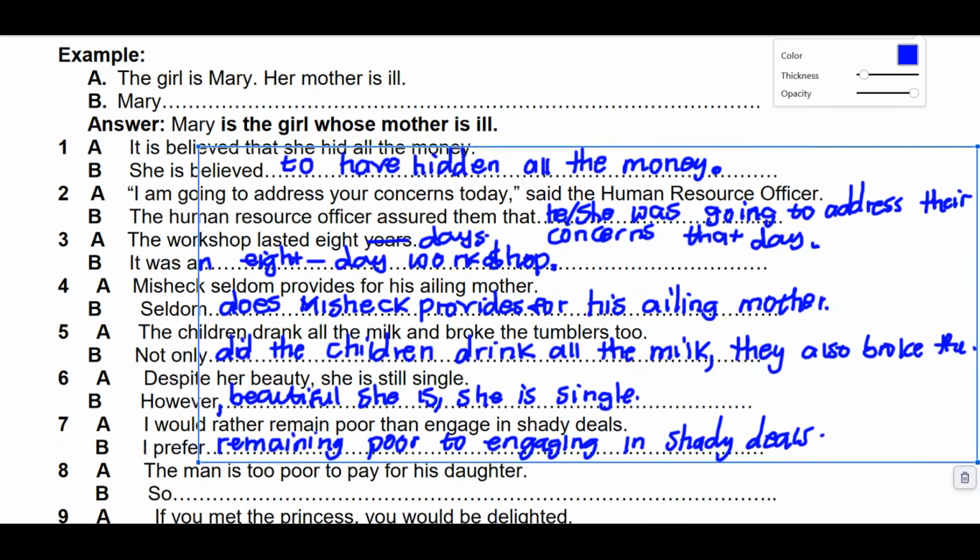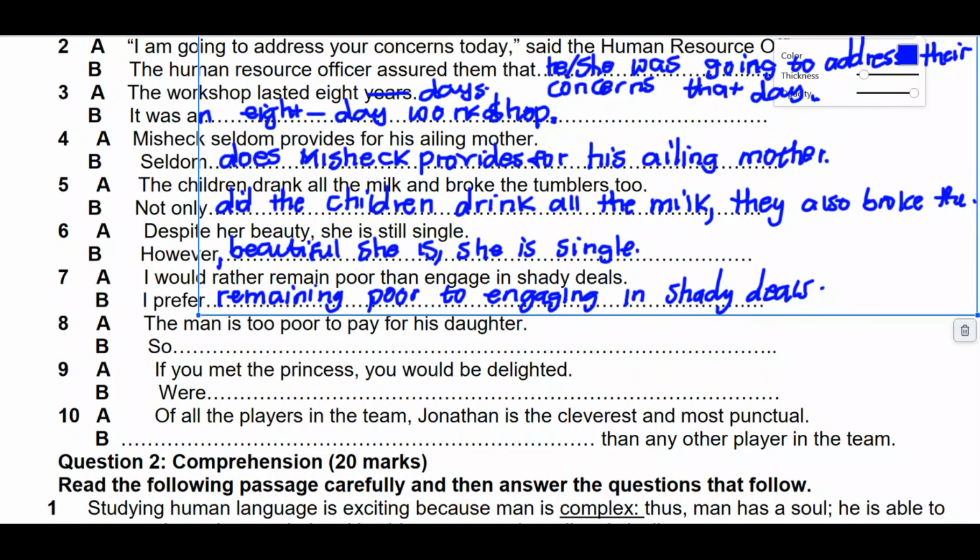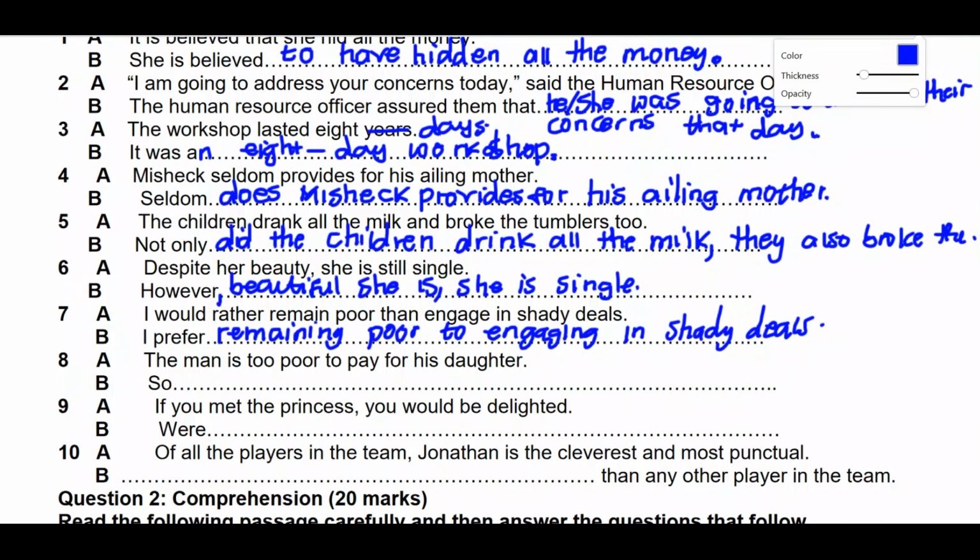Move on to number 8: the man is too poor to pay for his daughter. So the man is so poor that he cannot pay for his daughter.